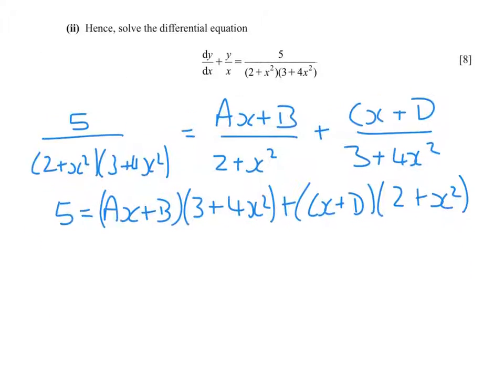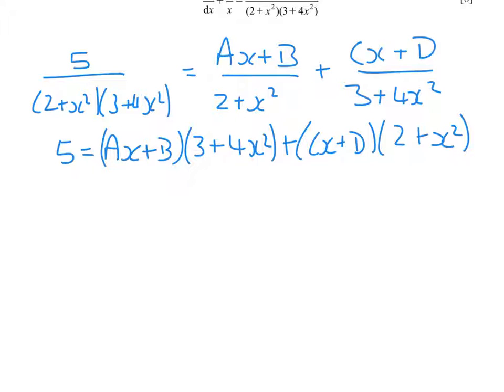I'm going to think about solving this by thinking about coefficients. So if we take first of all x cubed, on the left hand side we have 0, and on the right hand side we'll get x cubed by multiplying ax by 4x squared, so that gives us 4a, and we'll also get it by multiplying cx by 1x squared, so that is going to give us c.